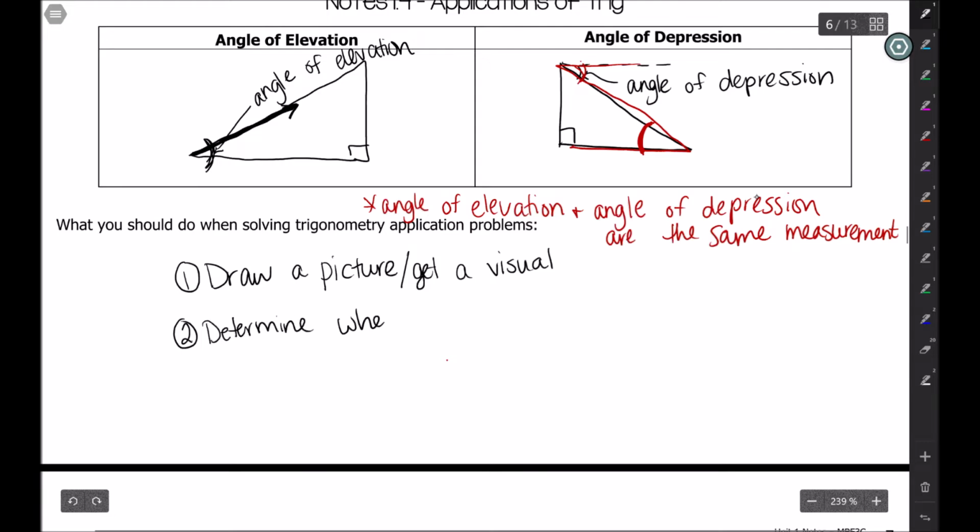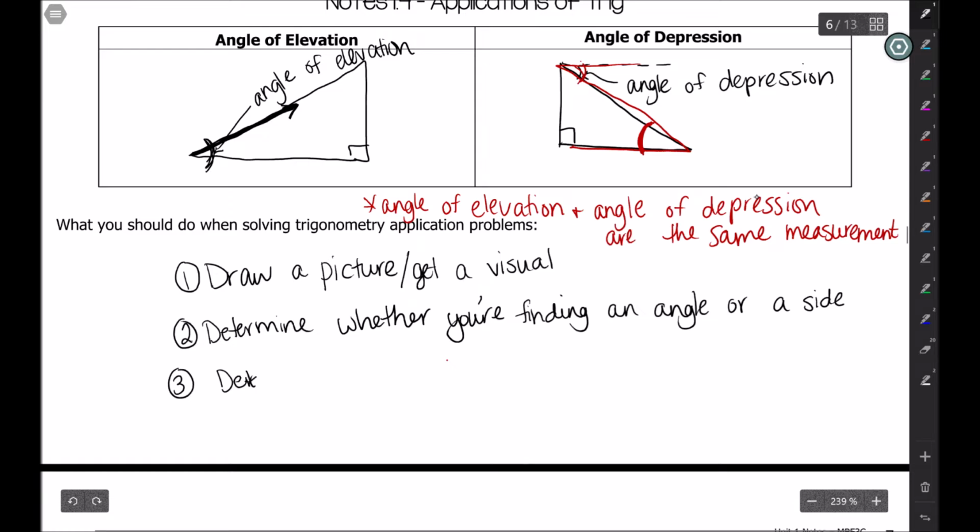Determine whether you're finding an angle or a side, okay? Then determine the trig ratio you need.